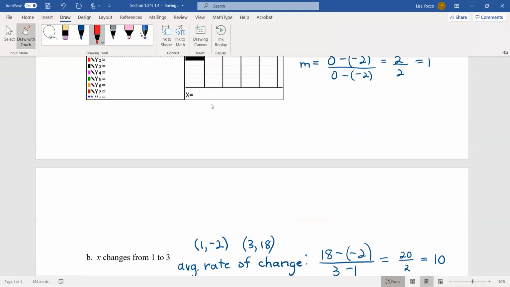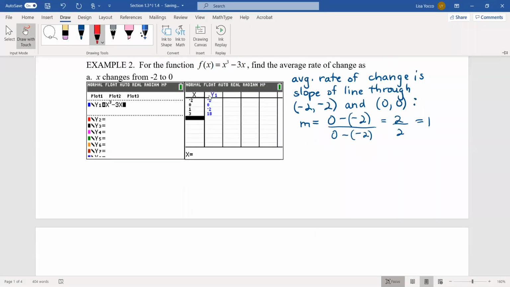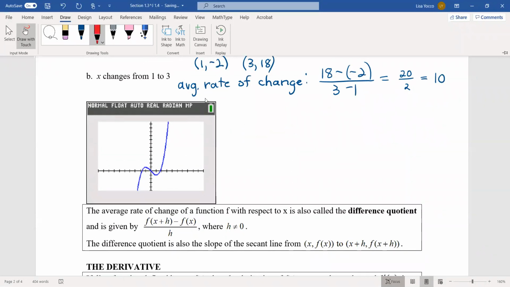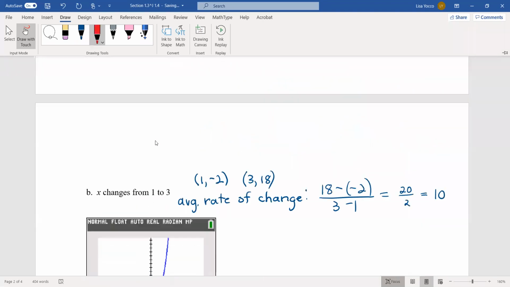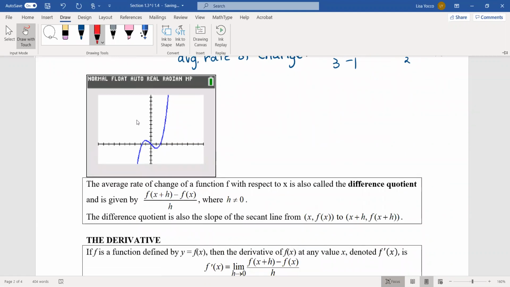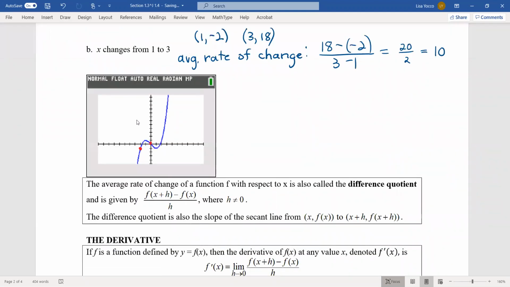Okay, initially in part A, we were asked to find the average rate of change as x goes from -2 to 0, right? -2, -2 is right here, 0, 0 is right here. And what we found was the average rate of change is actually the slope of the little red line that I just drew.